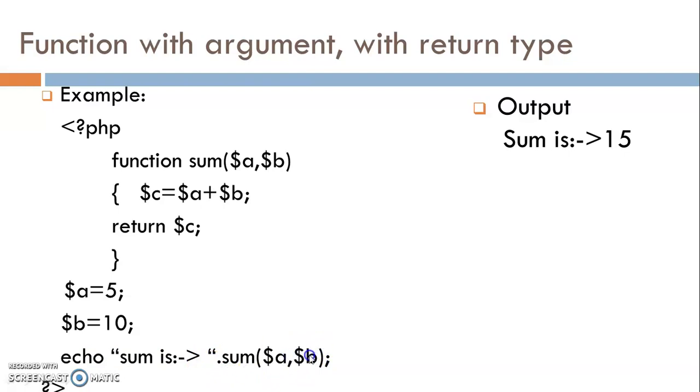So this 5 and 10 is received by the function sum, then it performs some operation on 5 and 10, and the answer is 15. 5 plus 10 is 15. So 15 is stored in $c, and $c is returned, means 15 is returned to this sum $a comma $b. So my answer is sum is 15.